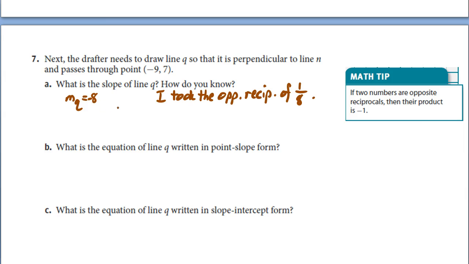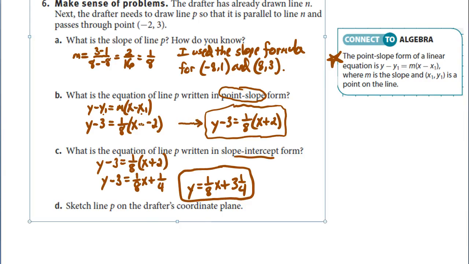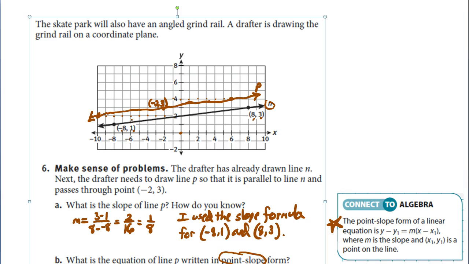And this line is going to go through the point negative 9 comma 7. So back on the grid, let's locate negative 9 and then comma 7 right there. We're going to draw a line through that dot, and we want it to be perpendicular to those other two lines.